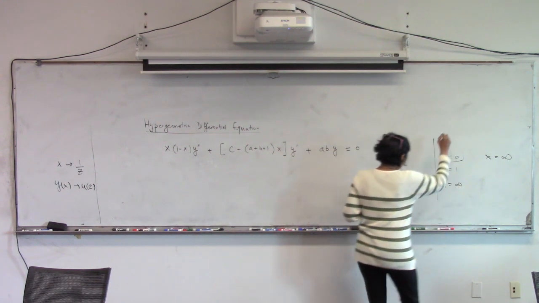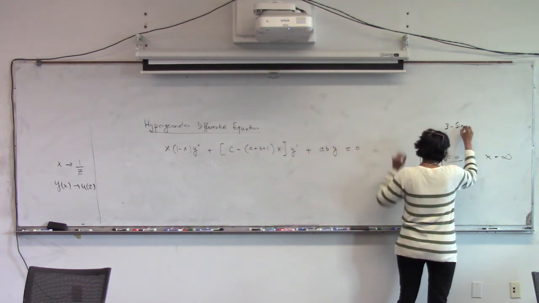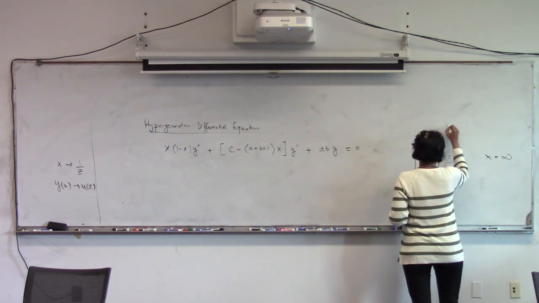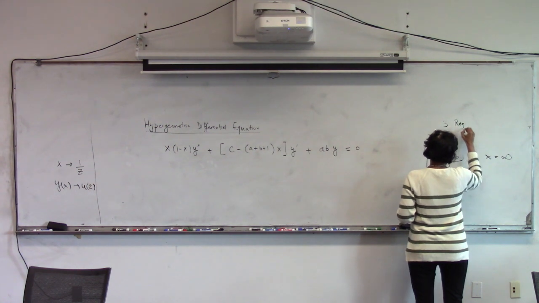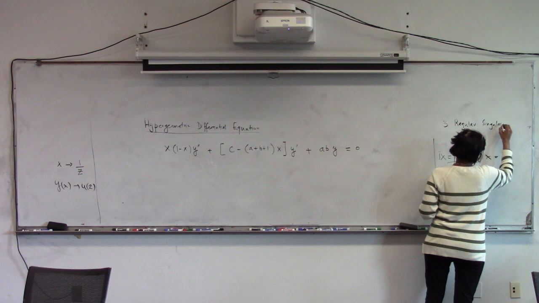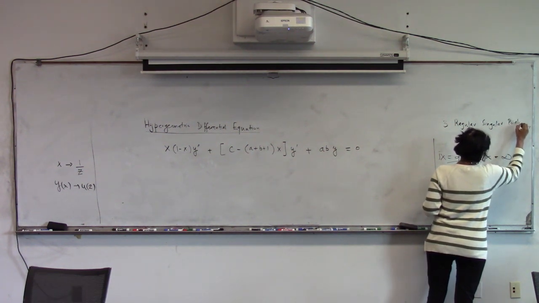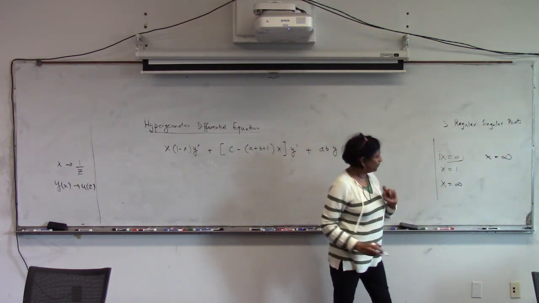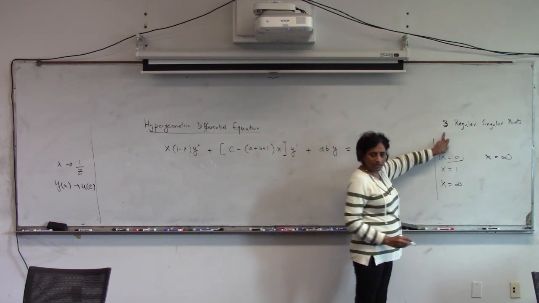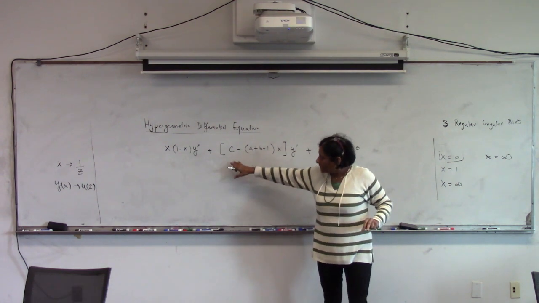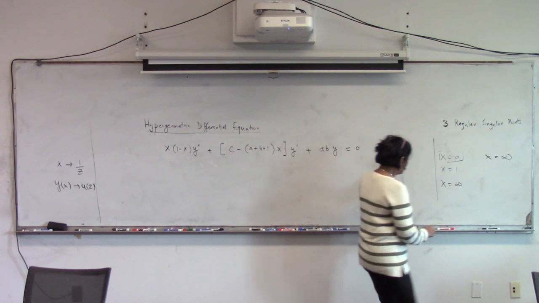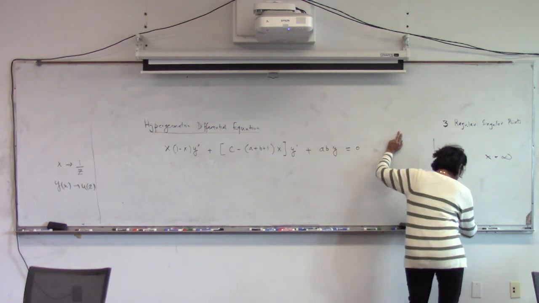So when you have 3 regular singular points, not essential, if a differential equation has 3 singular points, then all those differential equations can be represented by the solution of the hypergeometric differential equation. So that's why the Legendre differential equation comes under this category.